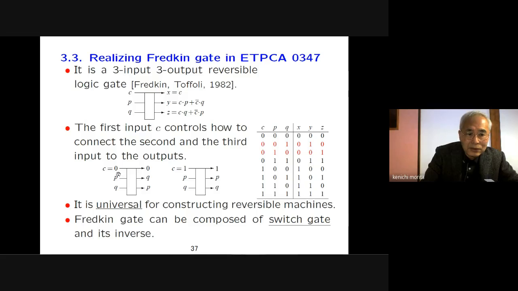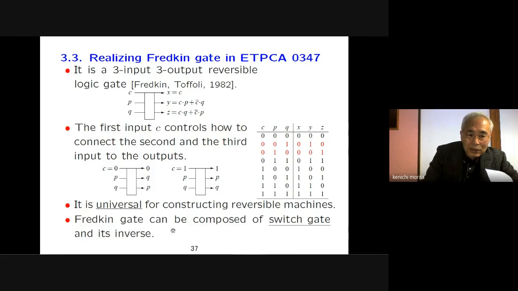And if C is 0, then the remaining 2 inputs are connected to 2 outputs in a crossed manner. But if C is 1, then they are connected in parallel. Some kind of switching gate. And it is known by Fredkin and Toffoli. Fredkin gate is universal for constructing reversible machines, reversible Turing machines or like that.